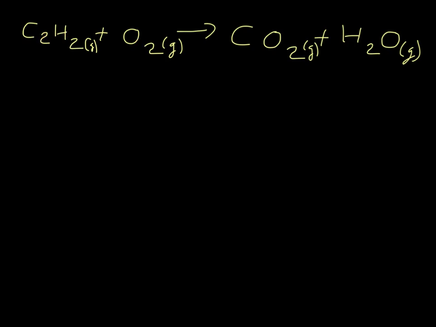We know acetylene and oxygen react, and we know we produce carbon dioxide and water. If I take an inventory of what I have, I see I have 2 carbons on the reactant side, I have 2 hydrogens on the reactant side, and I have 2 oxygens on the reactant side.